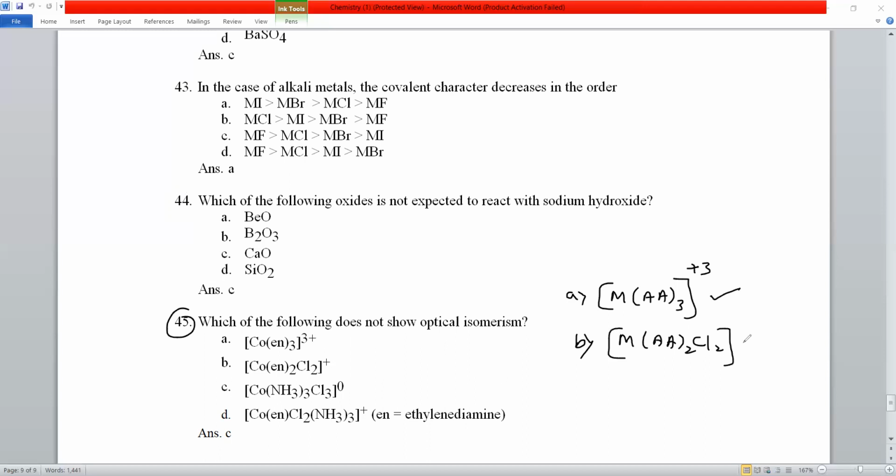In this, the cis is optically active. And here, MA3B3 type. Facial as well as meridional isomers will form, students, geometrically, but optically both facial and meridional are optically inactive. So complex D, cis form is optically active. Trans form is optically inactive. So the one that does not show is option C.